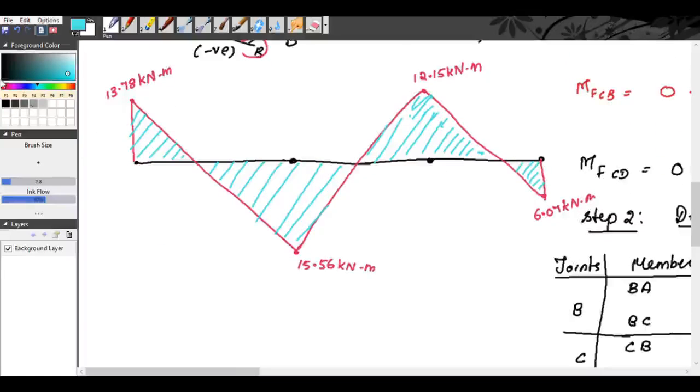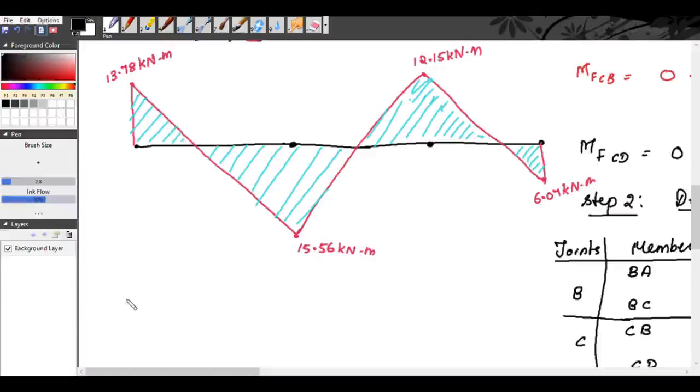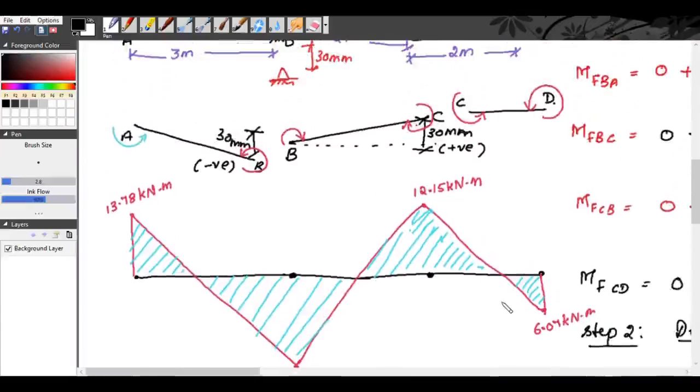Now we will draw our deflection diagram. So our deflection diagram becomes like this. Okay, I will explain this.